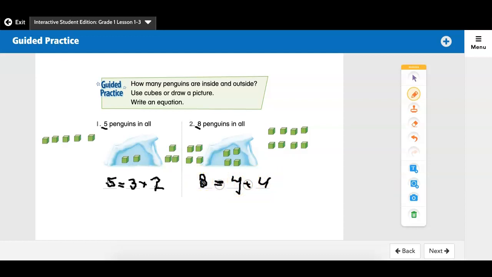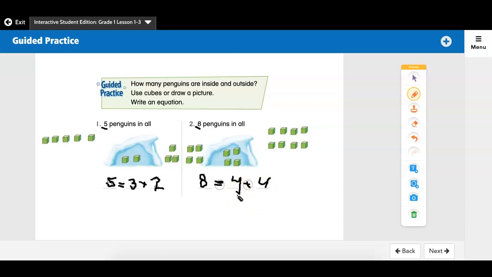Now, boys and girls, when we get to independent practice, I want you to remember that sometimes there are more than 1 or 2 ways to add up numbers. For example, the number 8 can be added up by 4 plus 4, but it could also be added up by 7 plus 1, or 6 plus 2, or 5 plus 3.